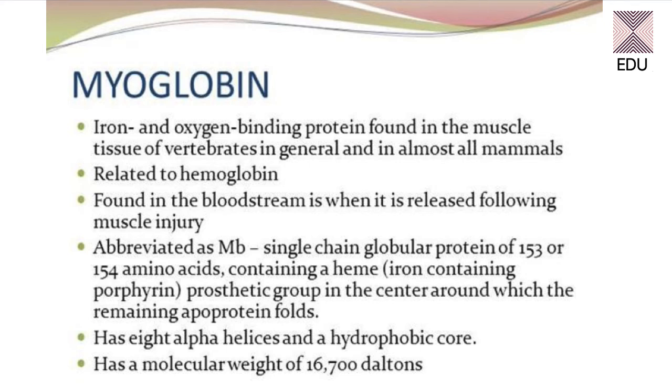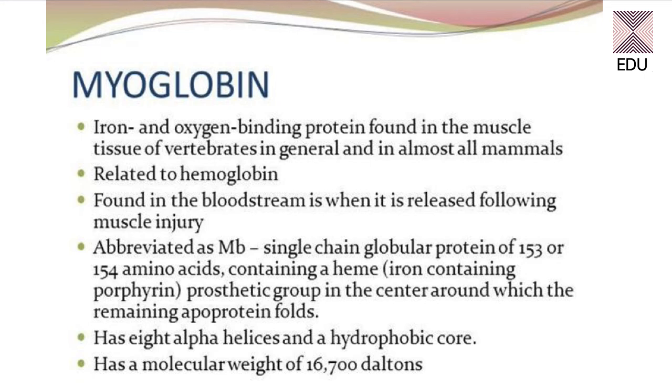It is a single chain globular protein of 153 or 154 amino acids containing a heme. That means it is an iron-containing porphyrin ring. This is a non-protein part, which is why it is called a prosthetic group, in the center around which the remaining apoprotein folds. So it is very similar to hemoglobin, but this is a single chain.